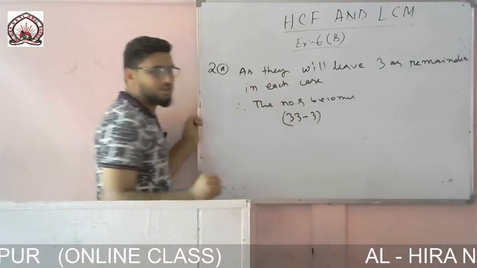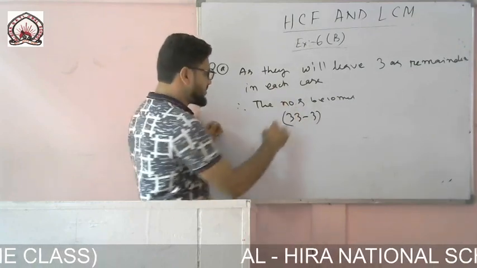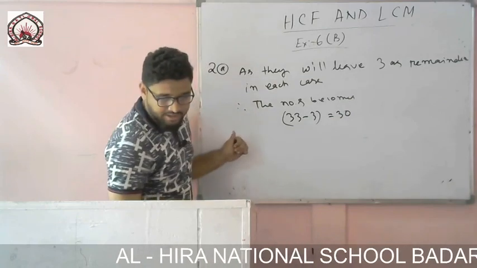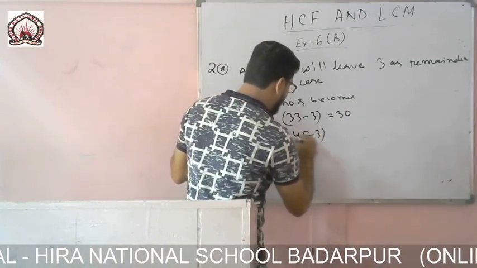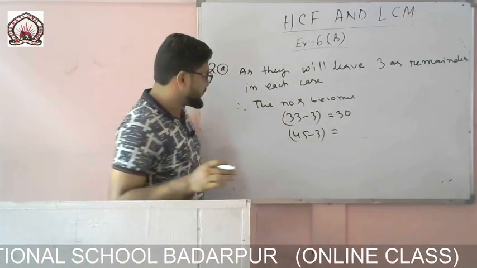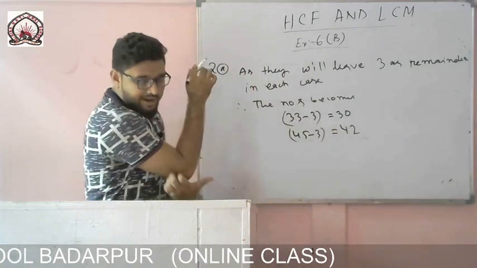Whenever they should leave a remainder, at that time this remainder should be subtracted. So 33 minus 3 is 30, number 1. And another one is 45. So 45 minus 3. In each case they should leave 3. So 45 minus 3 is 42.